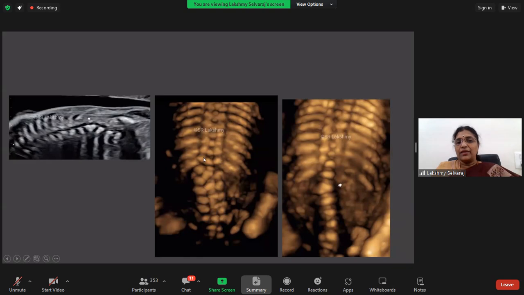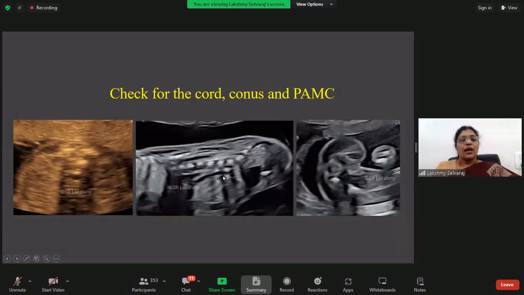At this vertebral level, which is the T12 level, this is the vertebral body and you see both the pedicles nicely here. Whereas at this particular level, you see there is one missing pedicle here and you see the two pedicles here. So this is how you can correlate with multiplanar imaging the visualization of not only the vertebral body, but the vertebral body along with the posterior elements of the spine.